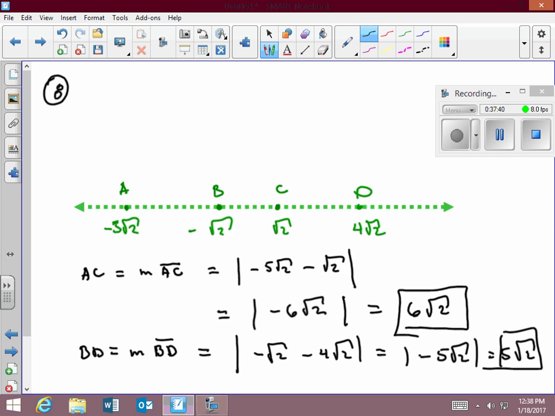And then BC, which is the measure of line segment BC, absolute value of minus the square root of 2 minus the square root of 2, which is minus 2 square roots of 2, which is 2 square roots of 2.